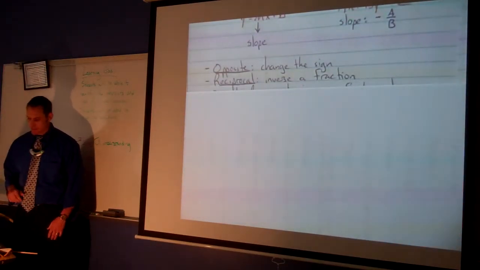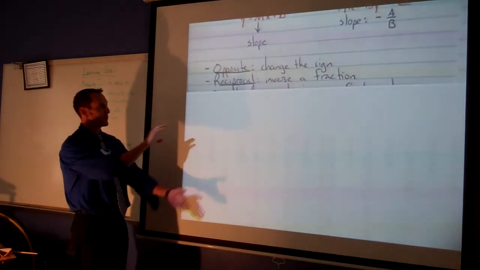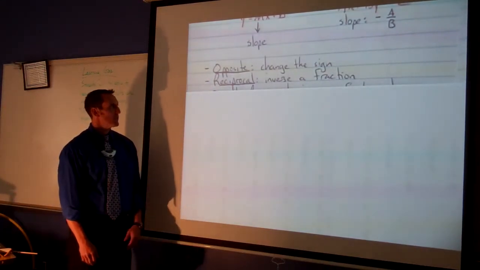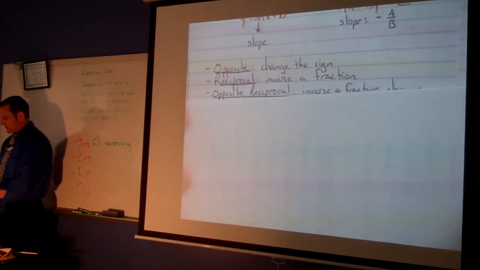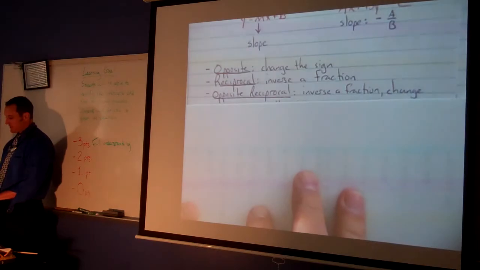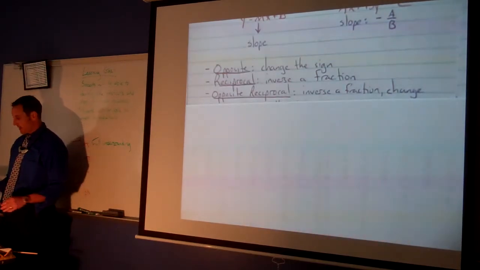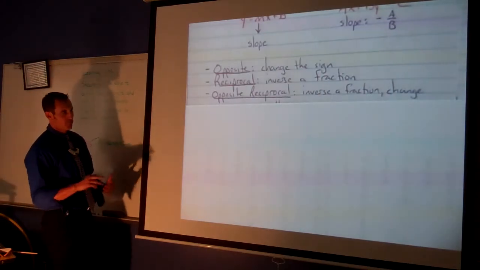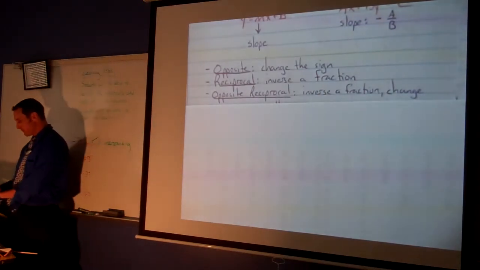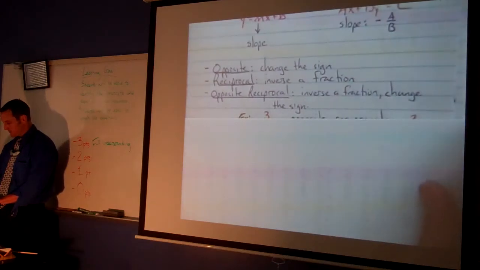Reciprocal is the inverse of a fraction, or simply to flip a fraction. Putting those two words together, the opposite reciprocal of a number means you take the inverse of the fraction, and then change the sign. That is the opposite reciprocal.